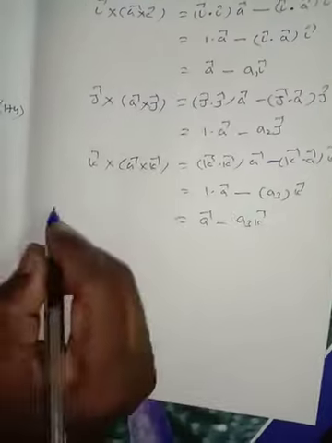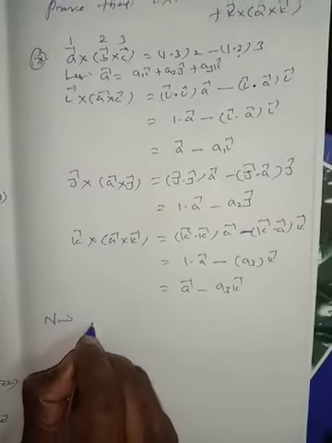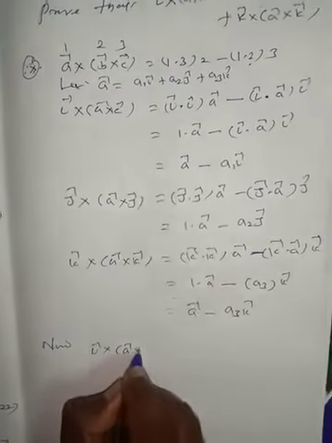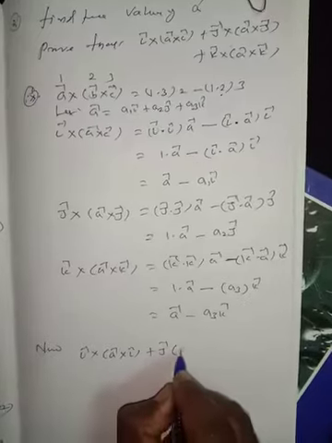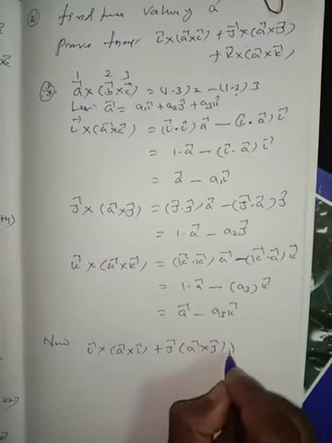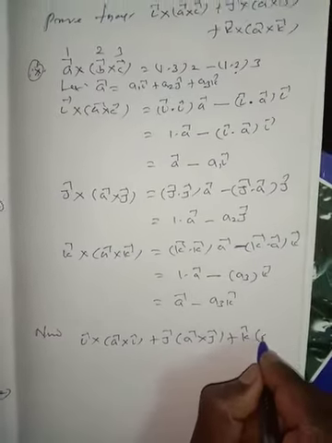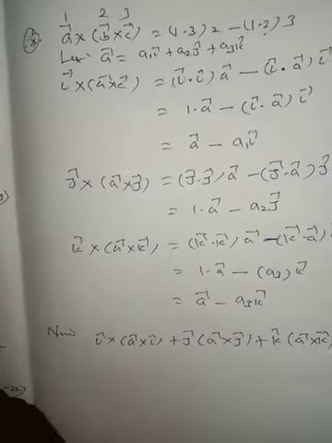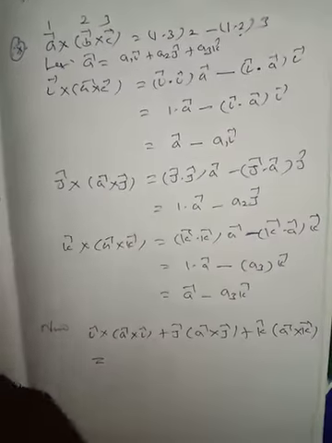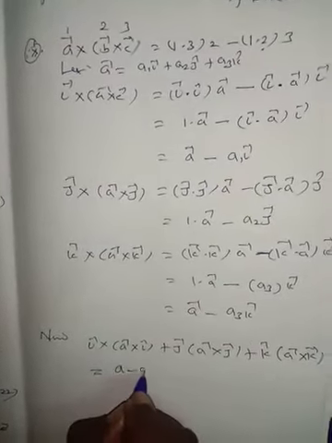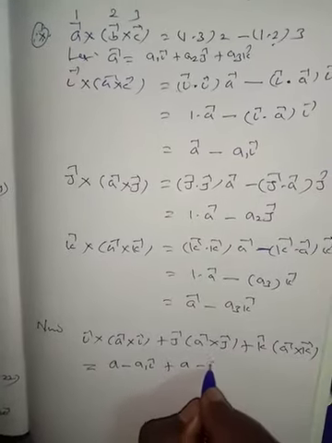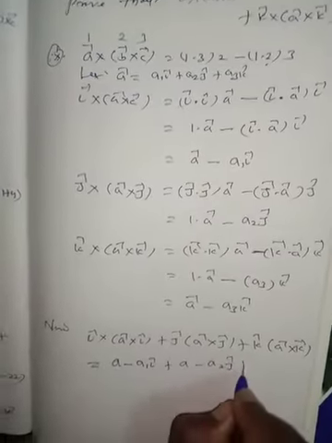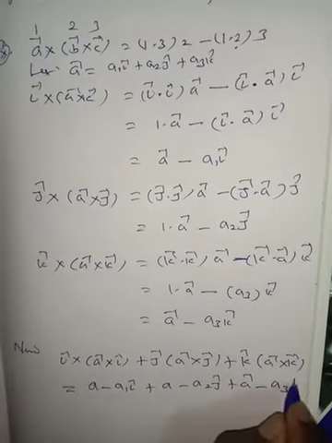Now the given three parts: i vector cross (a vector cross i vector) plus j vector cross (a vector cross j vector) plus k vector cross (a vector cross k vector) is equal to first a vector minus a1 i vector, next plus a vector minus a2 j vector, third one a vector minus a3 k vector.